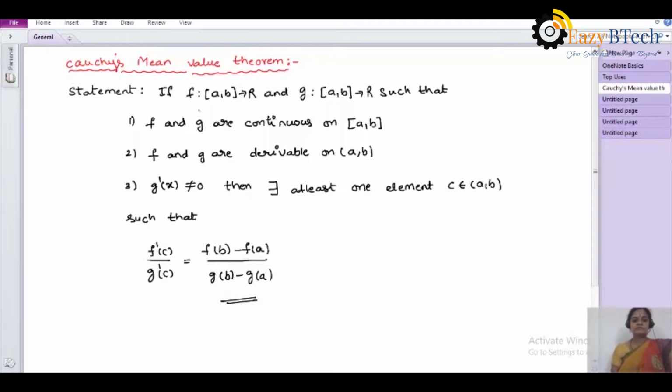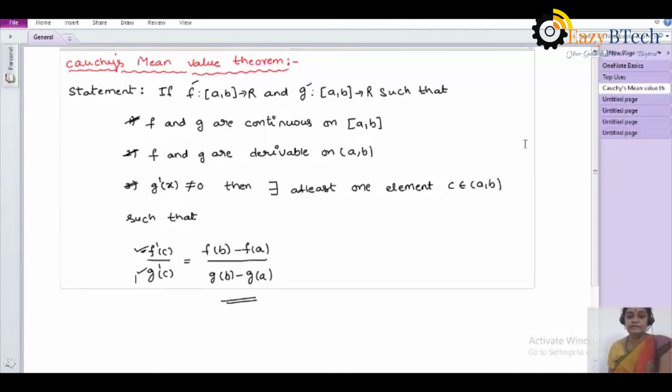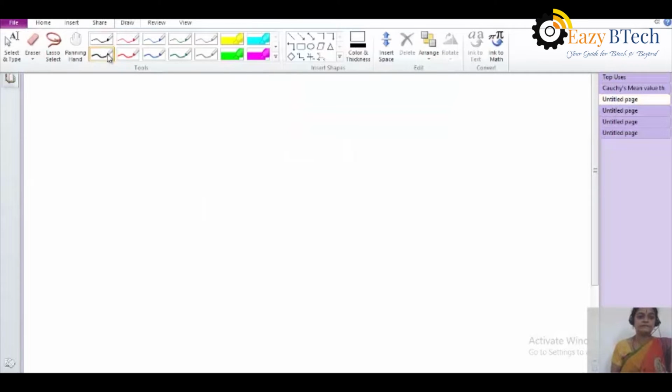So Cauchy's mean value theorem states that choosing the two functions f and g, the first condition, both functions are continuous, both functions are derivable, and the third condition, g dash of x is not equal to 0, then there exists at least one element c belongs to (a, b) such that f dash of c by g dash of c is equal to f of b minus f of a by g of b minus g of a.